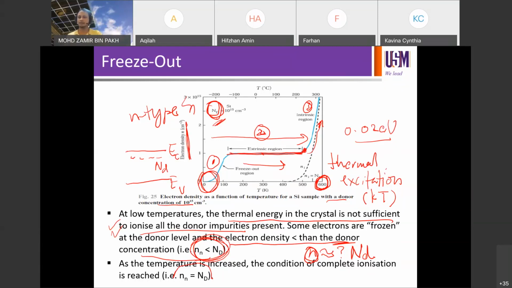So you can either compensate to cancel out the effective majority carriers, or you can also maintain the N-type silicon and heat up the silicon high enough so that Ni will be dominant over Nd, and your electron density will be dominated by thermal excitation. So that's another way to turn your extrinsic silicon into intrinsic silicon. So one is by cancellation of dopant, and second is by heating up the silicon, right? So two ways. Now you know how to convert your extrinsic to intrinsic.